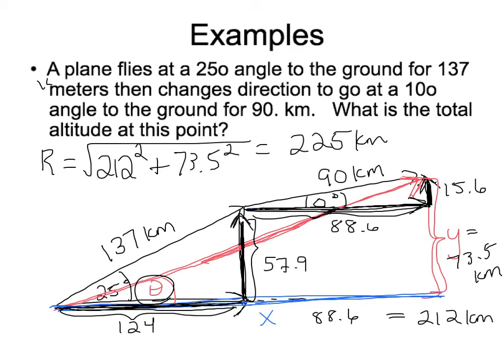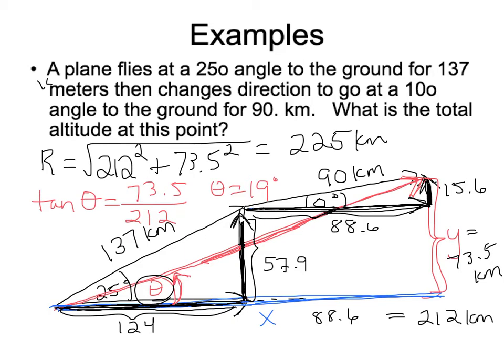So our resultant vector, the angle, is going to be the tangent of theta equal to 73.5 over 212. So our angle turns out to be 19 degrees. And it'd be 19 degrees above the horizon, I guess, would be good. You could also say 19 degrees north of east, the way that I drew it.